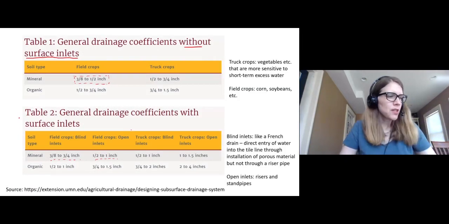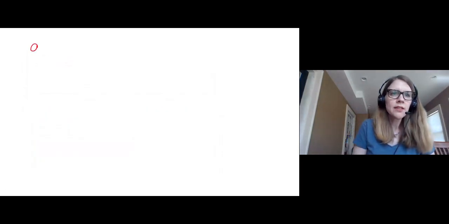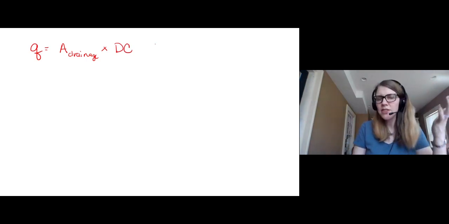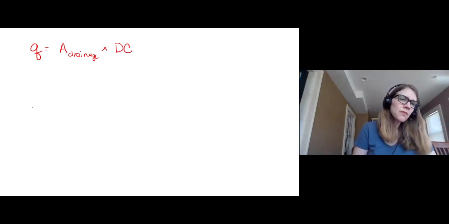So with this information, we can go back to this idea that the flow rate through the tile line is the drainage area times the drainage coefficient, and we might have to do some unit conversions there.